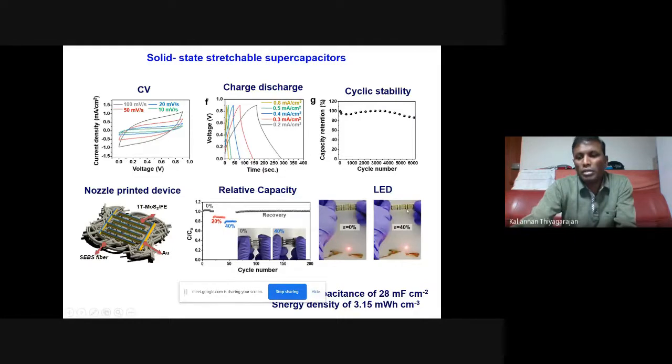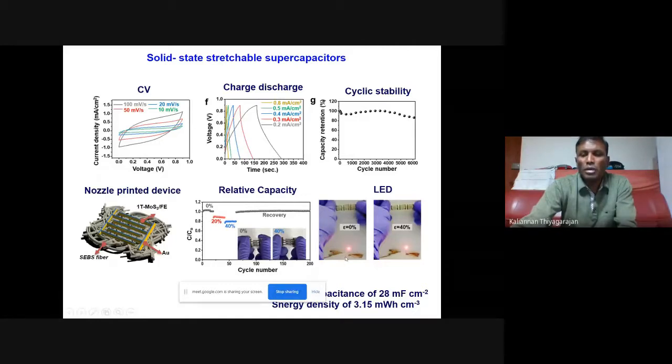Here we demonstrated the LED operation: when you stretch 40%, the LED intensity is not dropping down, which means your capacitor is working fine. This is coupled with 3 capacitors connected in series, which adds up the voltage of the device to turn on this LED. That's why we are using this kind of approach.